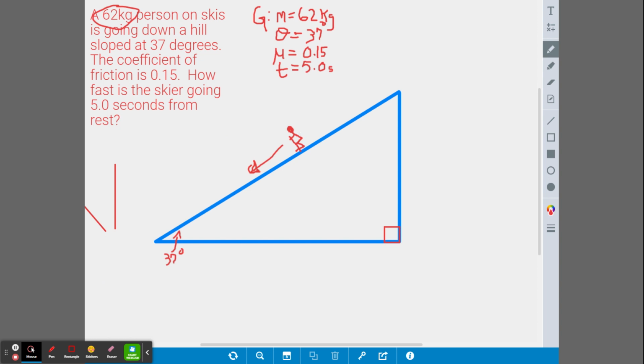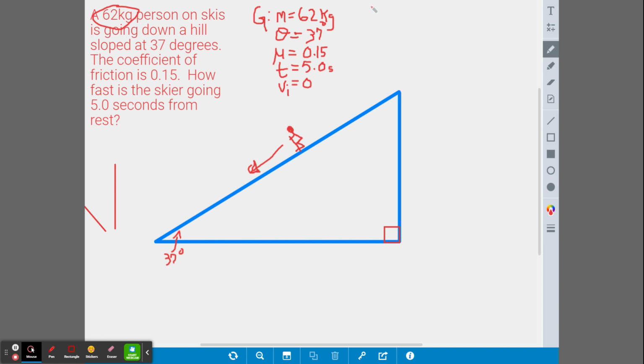Also, we can assume here that initial velocity, VI, is 0, because when they start skiing up here, they're not moving at all, so we'll say that is 0. Initial velocity is 0.